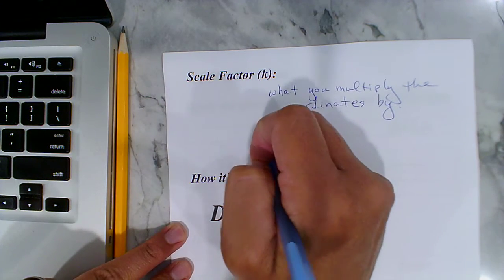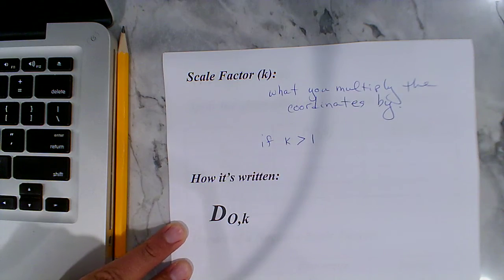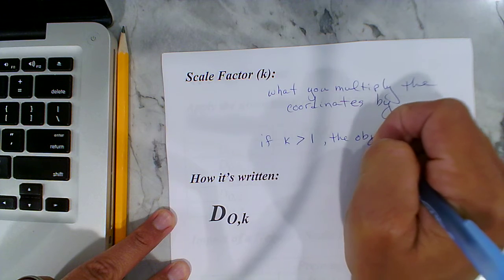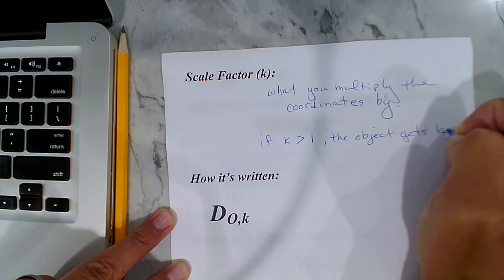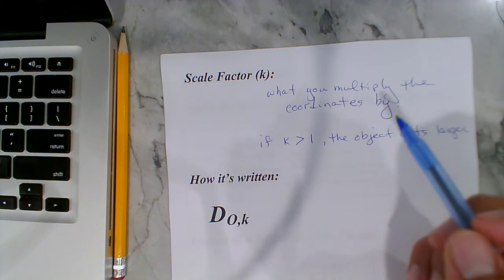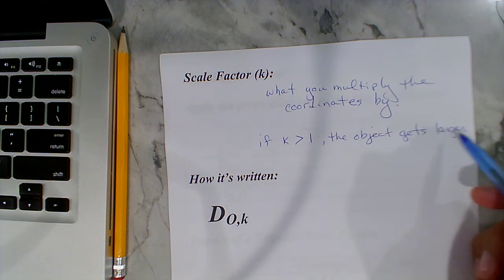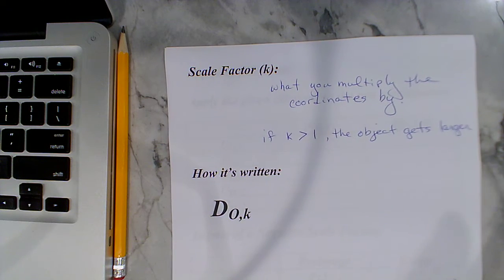So, if k is greater than 1, the object gets larger. Now, if I was sitting in a classroom with you, I would set you up to say, what would make it smaller? And usually kids would say negative and all that. And we'll get to negative scale factors in a little bit.